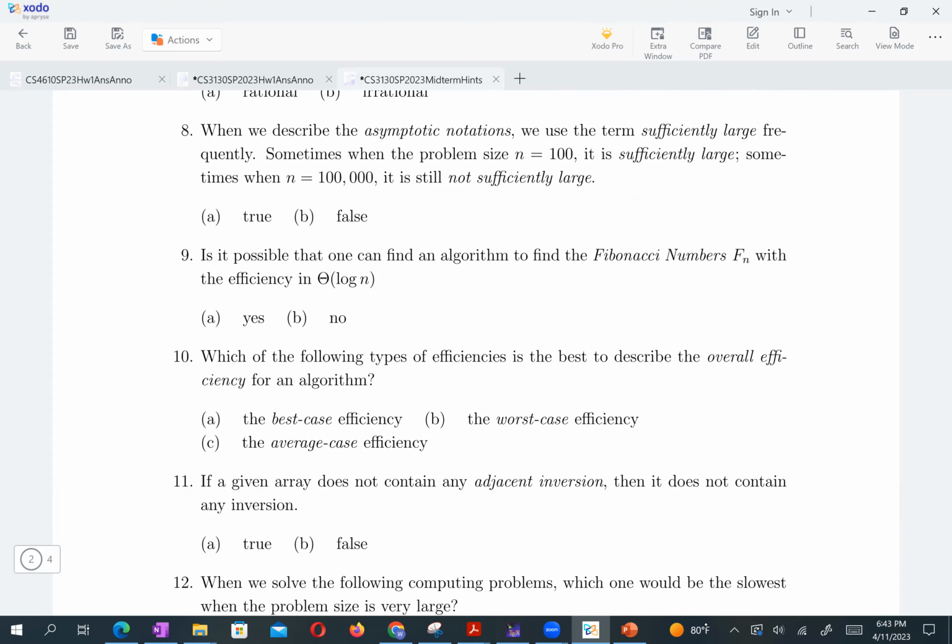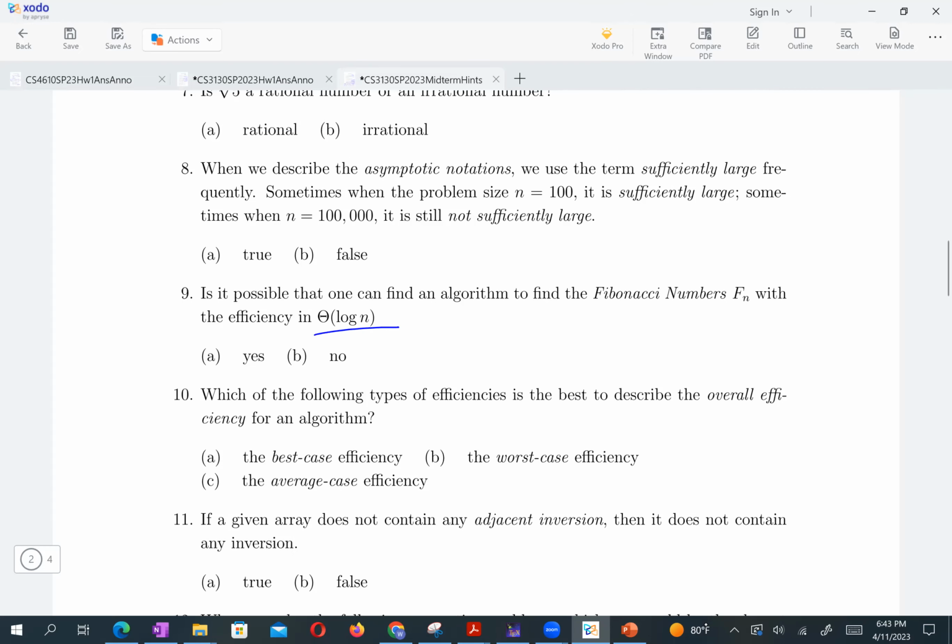Is it possible that we can find an algorithm with better efficiency? Yes. All right. Good question. I like you to ask this question.